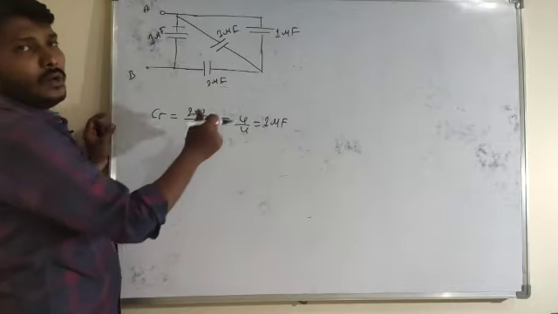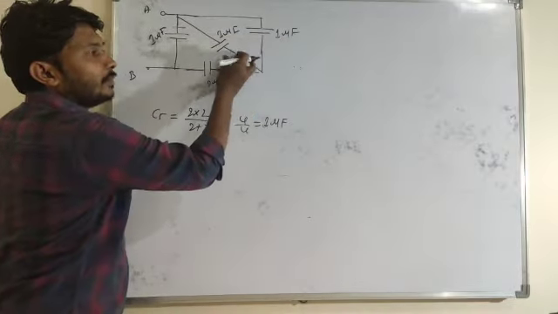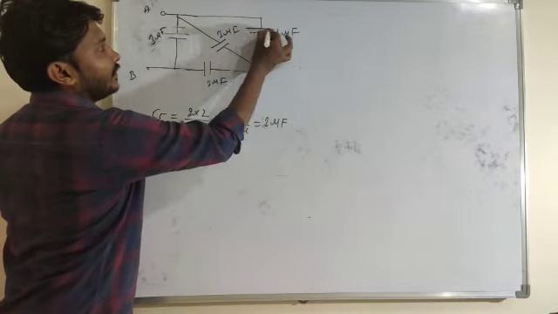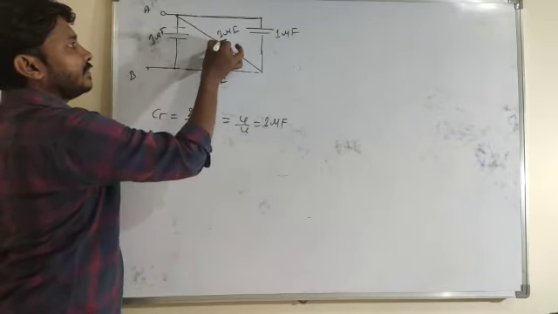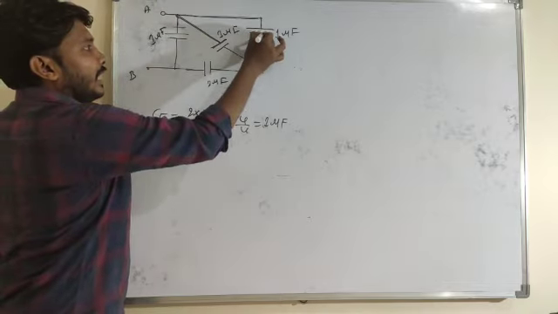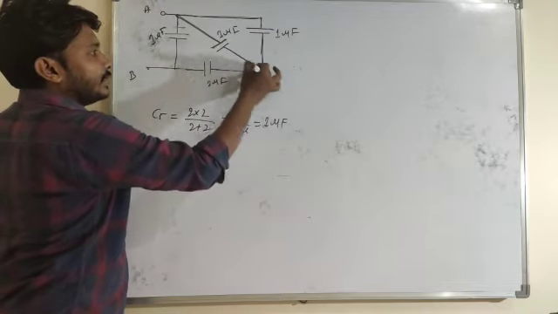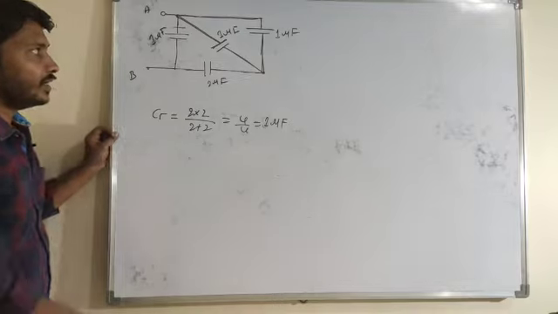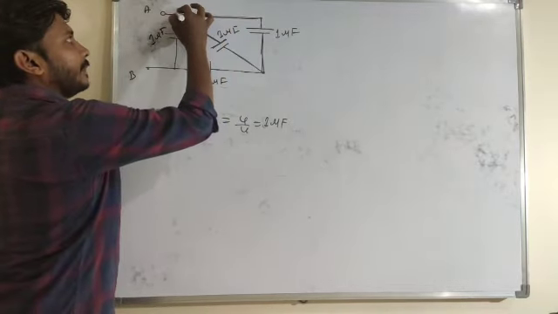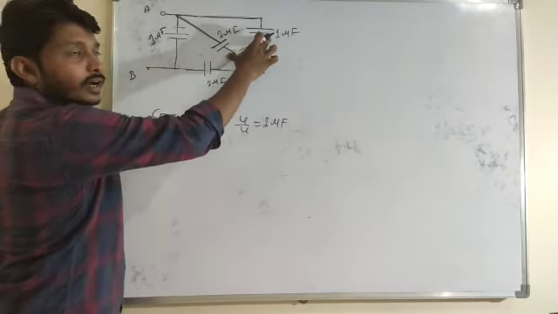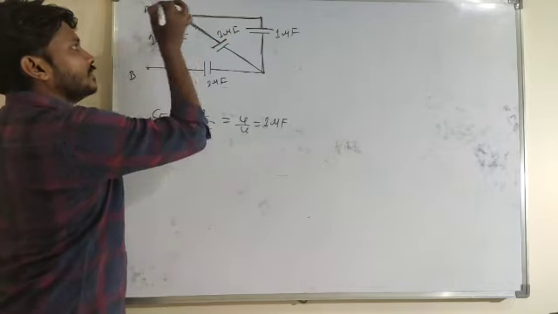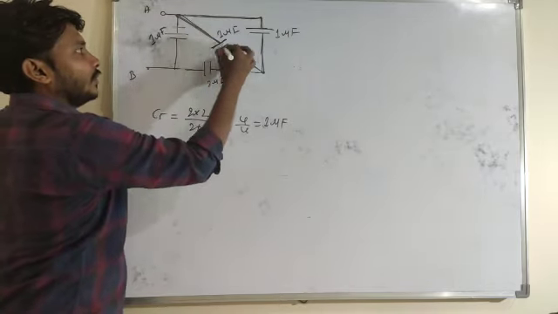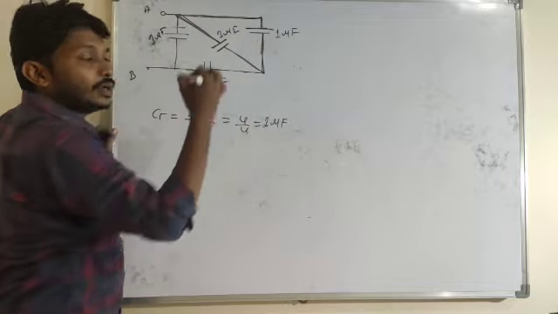Now look here. What is the nature of combination between 1 microfarad and 1 microfarad? This plate is connected to point A, and these 2 plates are connected to one point, and these 2 plates are connected to another point.